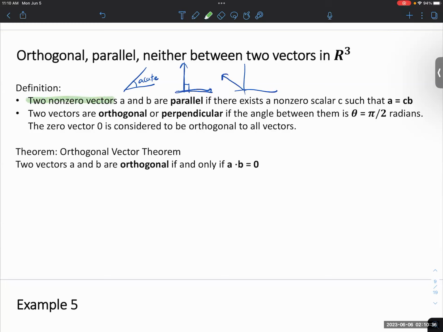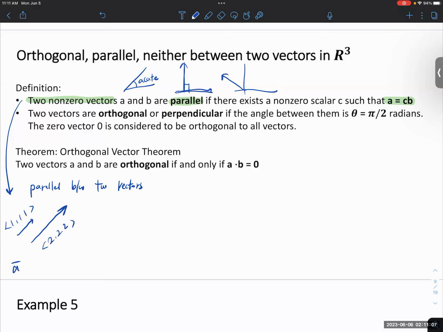If two vectors A and B are parallel, that means one of the vectors is a scalar multiple of the other. These are parallel lines. For example, vector A is 1, 1, 1 and the second vector is 2, 2, 2.